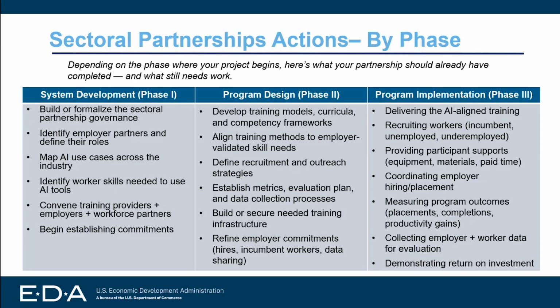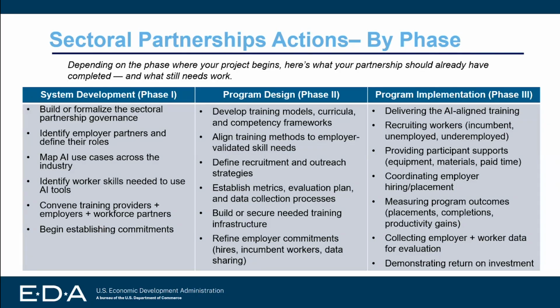As indicated throughout the AI addendum, projects can start in phases, phase 1, phase 2, or 3, but applicants must demonstrate completion of phases if they are not included. So system development is where you establish governance, map AI use cases, articulate employer roles, partner roles, conduct skills needs assessments, and formalize commitments. If those items are not yet done, you will likely need to include phase one, system development, in your application.